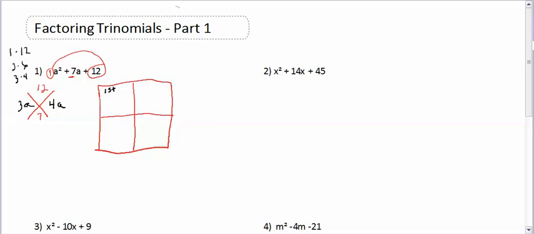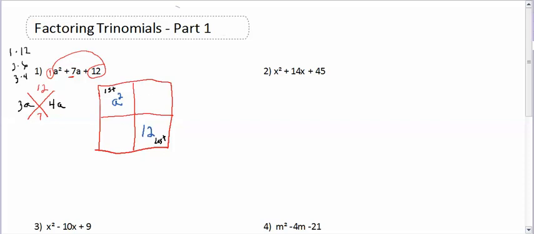So in this case, it's going to be a squared. At the bottom right-hand corner, this is always my last term. So in this case, it's going to be the number 12 that goes in this box.